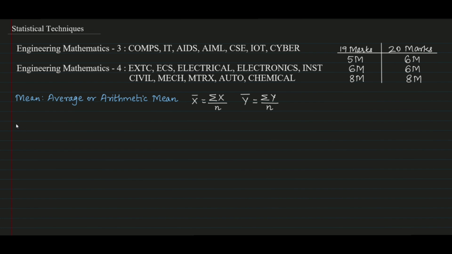Next we have variance. Variance is the mean of squares of differences, or say deviations from the mean.